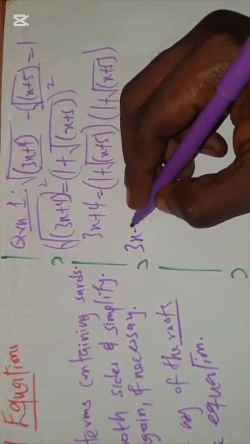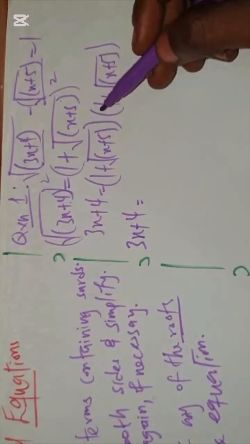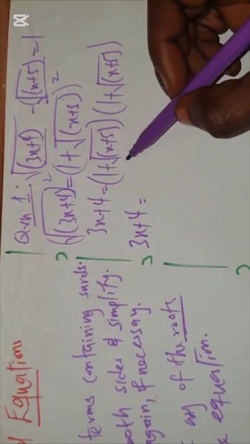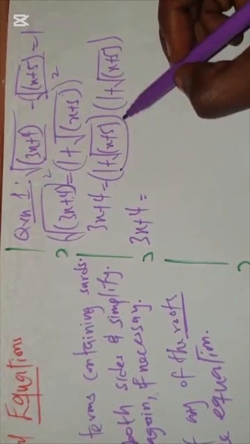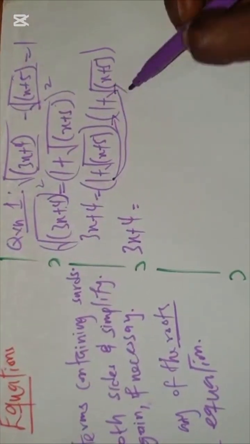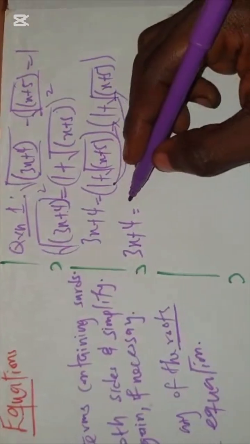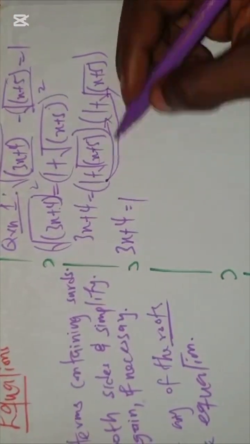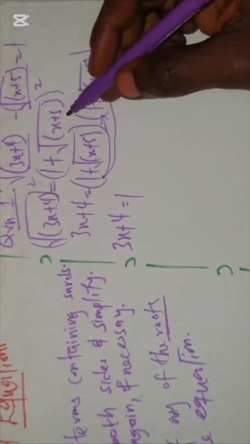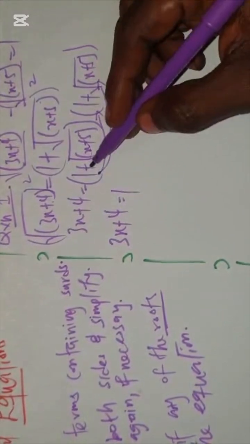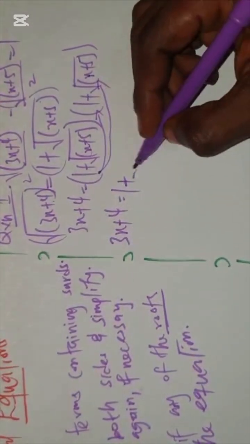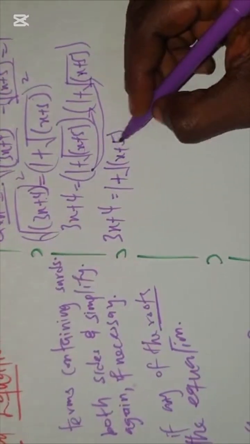So 3x plus 4 equals, we're going to apply our distribution property over here. So 1 multiplies the 2, and then we come for the second one to multiply. 1 times 1 gives 1. 1 times root of x plus 5 gives root of x plus 5.